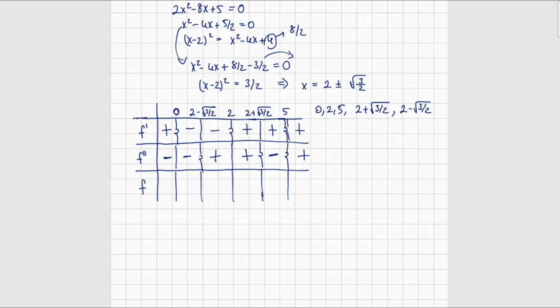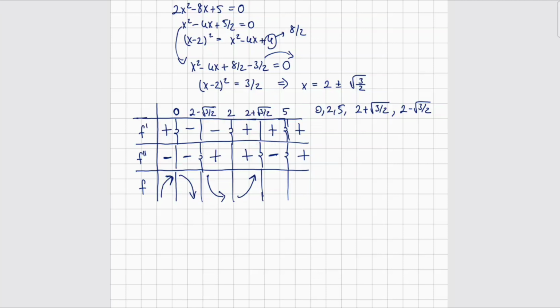First, increasing and concave down, just like that. Next, decreasing and concave down, just like that. Then decreasing and concave up. After x equal to 2, it's increasing and concave up.